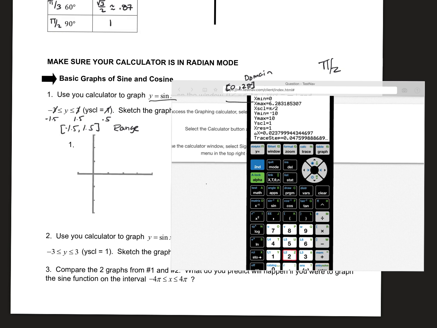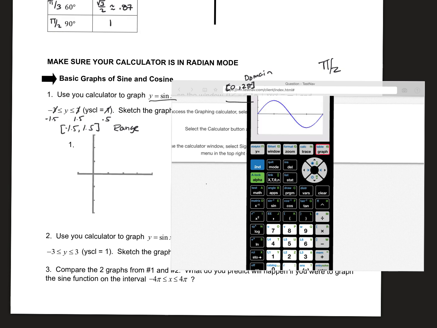And again, it's going to change what it looks like, so we hit enter, and it's going to look like that. Now the range is over here. We did the negative 1.5 to 1.5. So we're going to do negative 1.5, enter, 1.5, enter. And we'll go ahead and do a y scale of 0.5 so we can see what it looks like. And then we're going to hit graph.